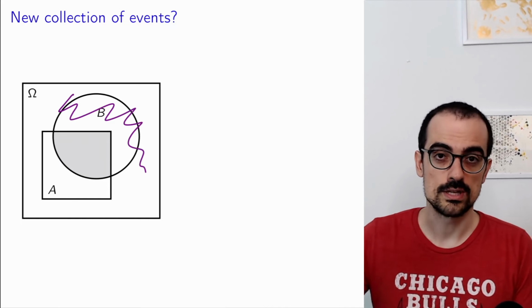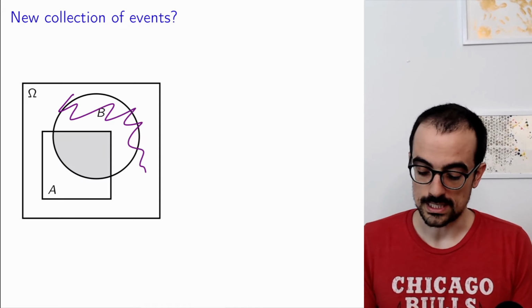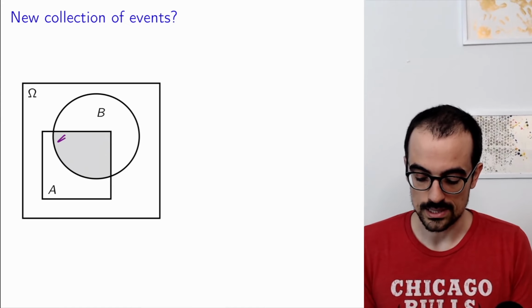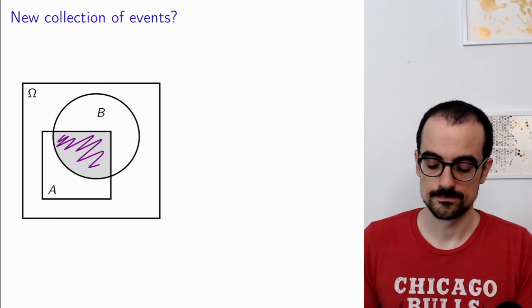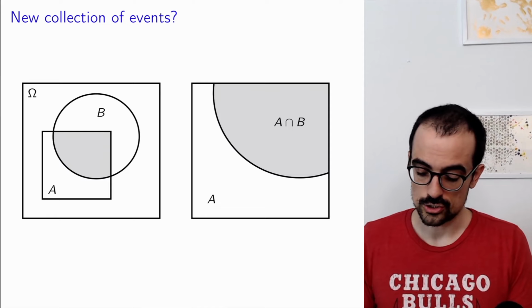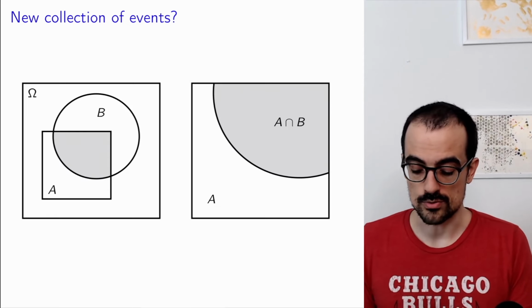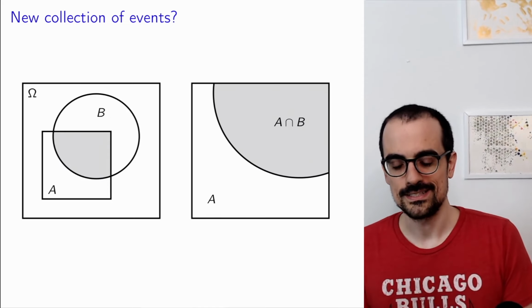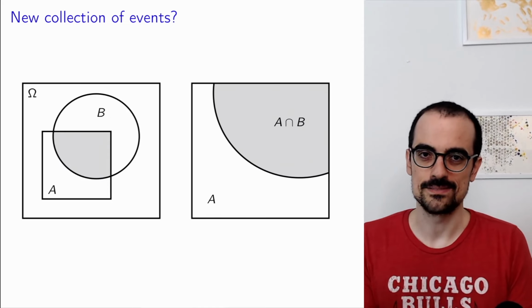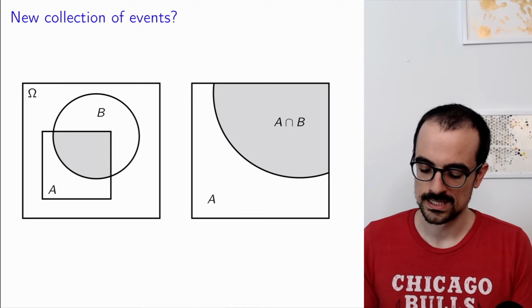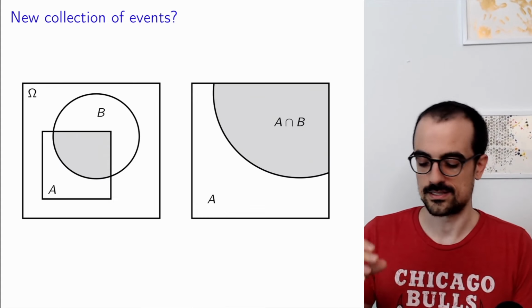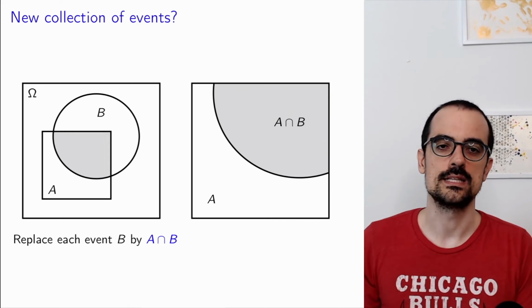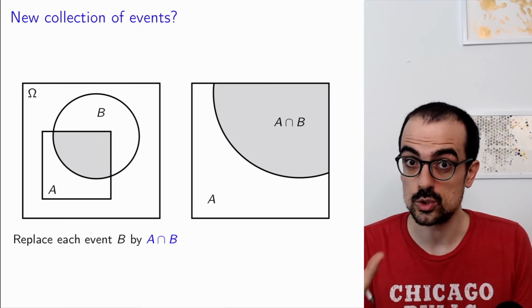In our new probability space, we only have outcomes within A. So that means that we should probably represent B by its intersection with A, because those are the outcomes that can actually happen. All right? So there we go. We replace every event B. I have trouble with B's and V's because in Spanish we just pronounce them the same. We're going to replace B by its intersection with A. We're going to do that with all of the events in the collection. You can actually check that this is going to be a valid collection.